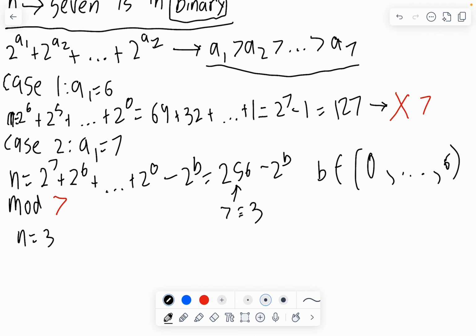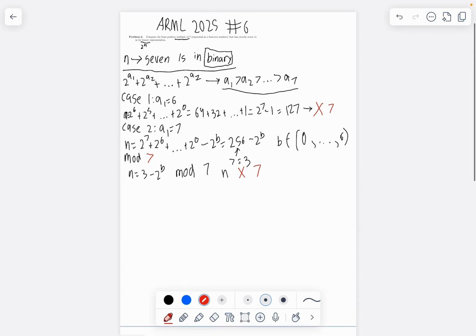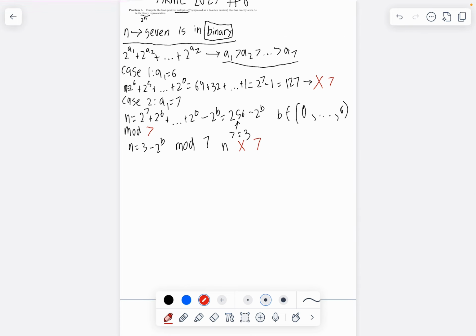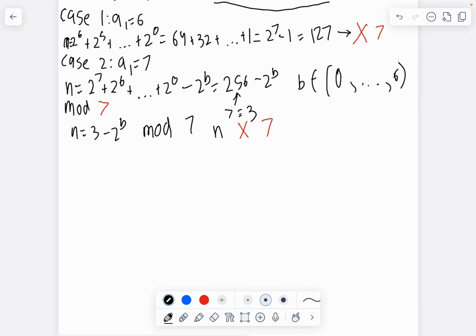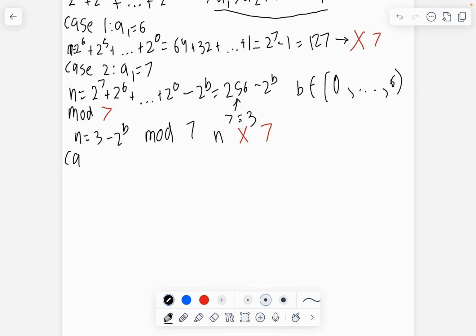So n is congruent to 3 minus 2^b mod 7. And because of that, we can see that n is not a multiple of 7 in this case.